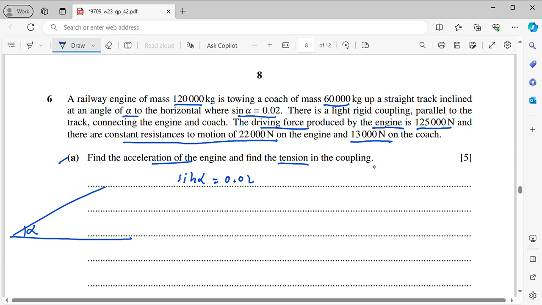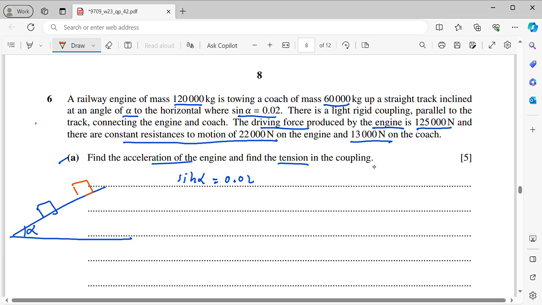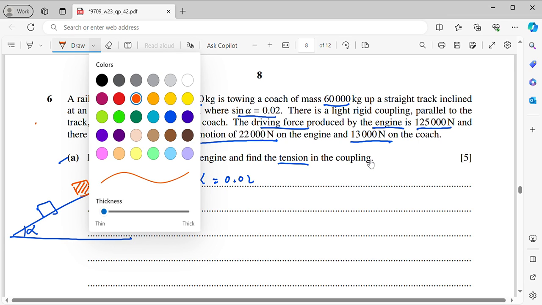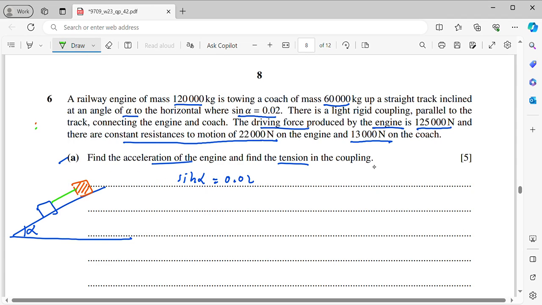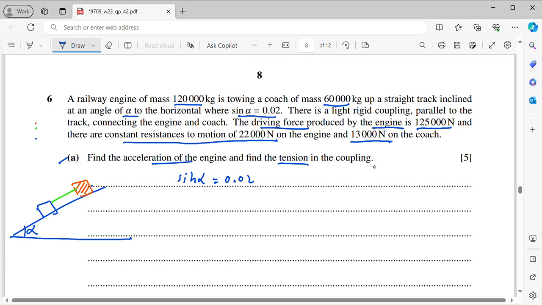Then here you will have the driving force. This is the engine. Driving force is 125,000 newtons. Then this is the T, tension.